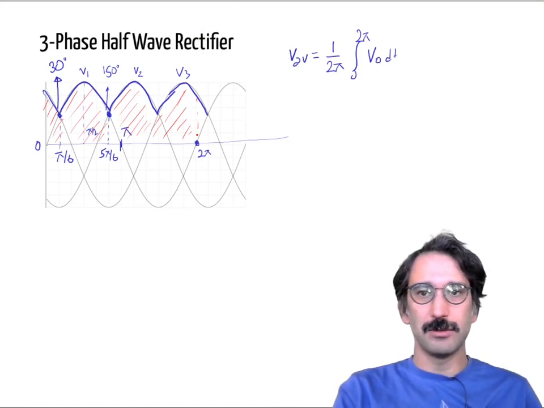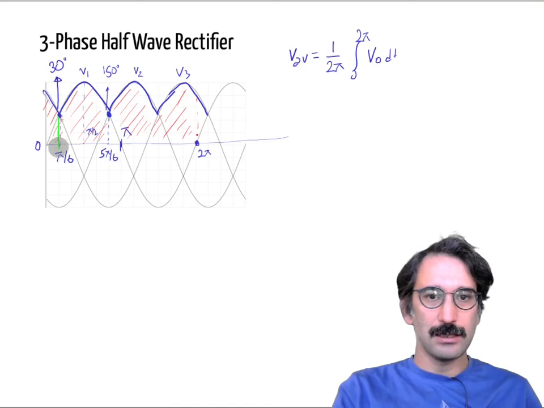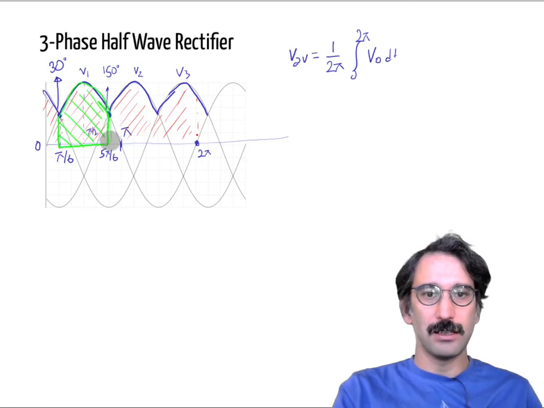And again, from symmetry you can see that the red area is adding 3 of those things. I have 1, I have 2, and I have, you can either move that part to here, or you can move the other part.